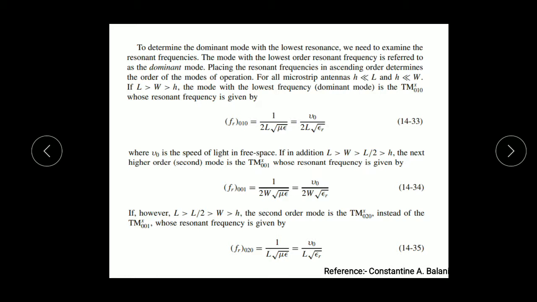If L is greater than L by 2 and L by 2 is greater than W and W is greater than H, the second order mode is the TM020 mode instead of the TM001, whose resonance frequency is given by these equations.